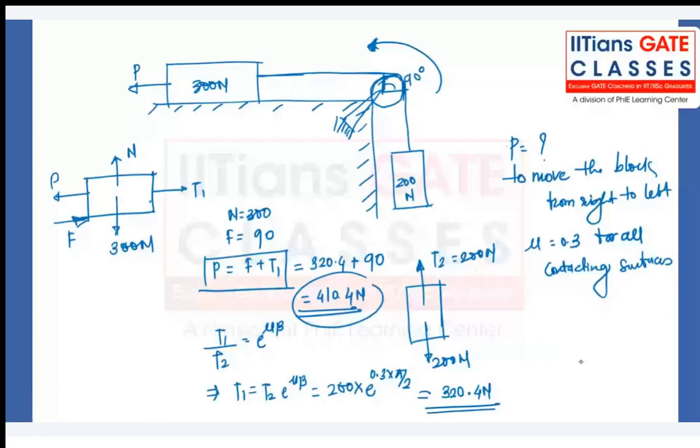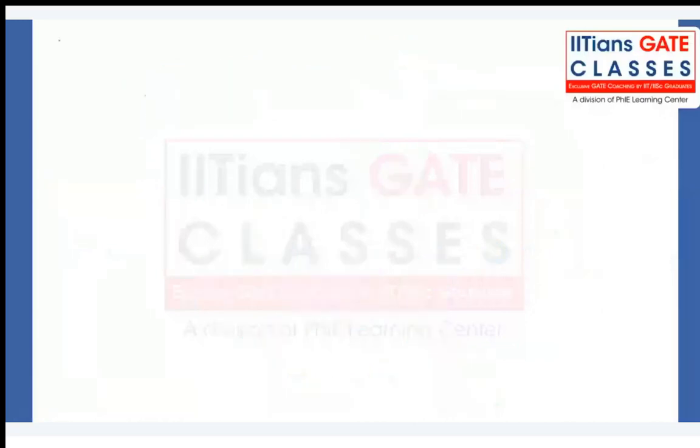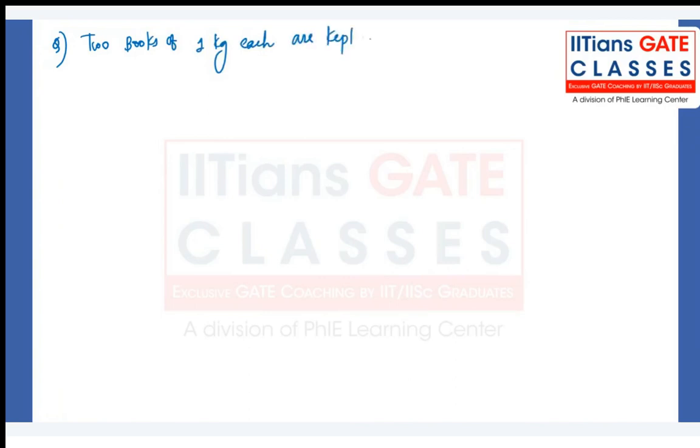Let me give you another question. Two books of 1 kg each are kept on a table, one over the another. The coefficient of friction on every contacting pair is 0.3.